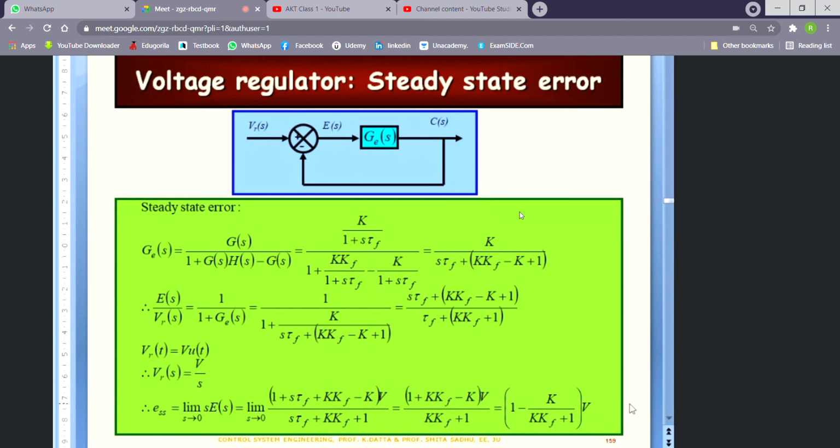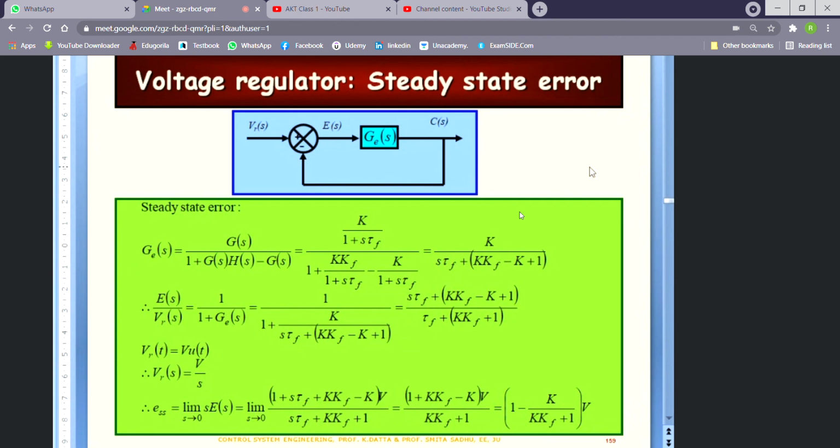If you recollect, in the last class we did a remote position control system where the objective was to have an output which would follow the input, and if there were changes on the input side, the output side would also have to change accordingly. So over there, it was expected that the steady state error would be equal to 0. However, for this system it is different. The objective is different. It's a voltage regulator, and we have seen that it would have a corrective action.